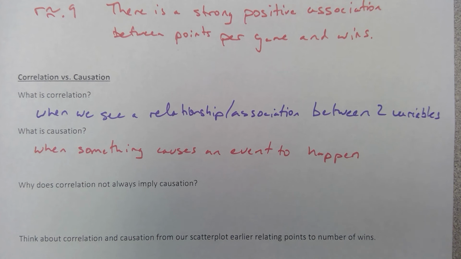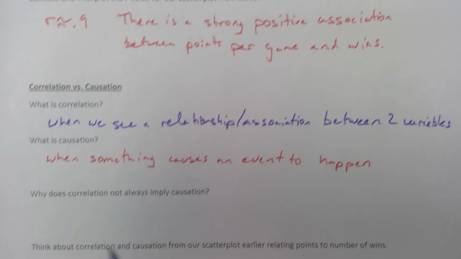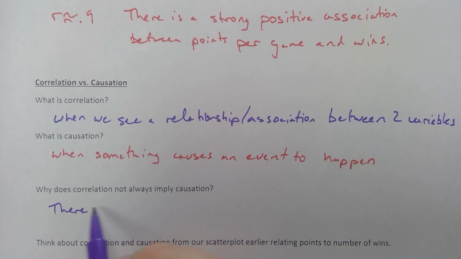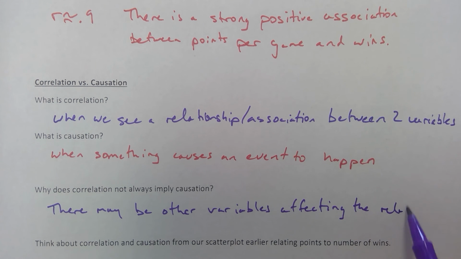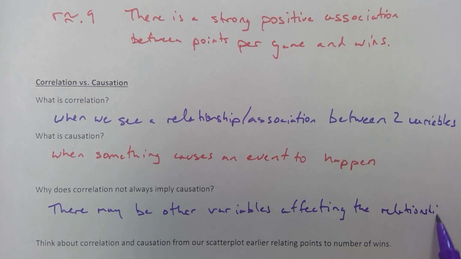But we have to think about football: the offense scores points, but the defense can also keep from giving up points. So we have that other variable. There may be other variables affecting the relationship.